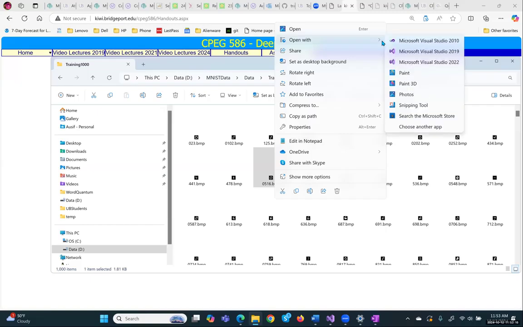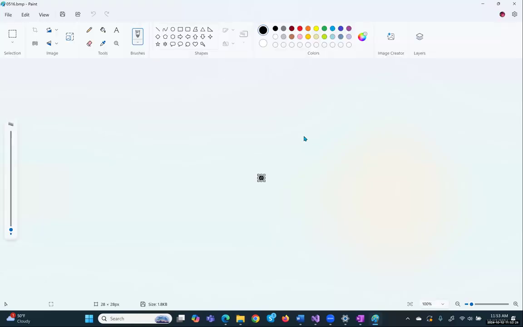Open with, let me see if I view it in Paint, what happens. Zoom. Yeah, you can see this is, for example, the image of a 0, right?